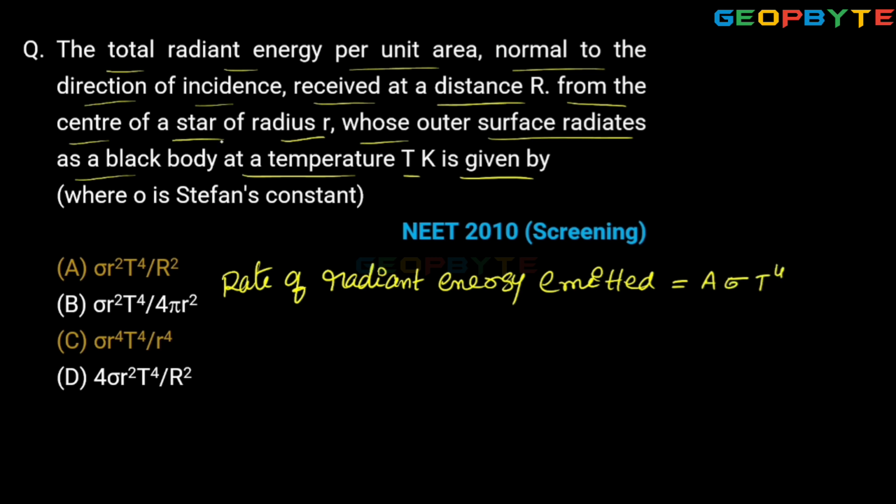It is given that the radius of the star is small r, therefore it is equal to 4 pi r square into sigma into T power 4.